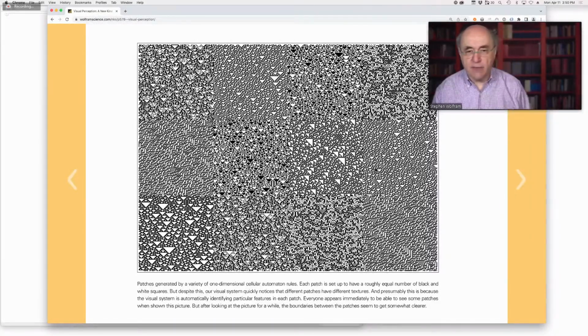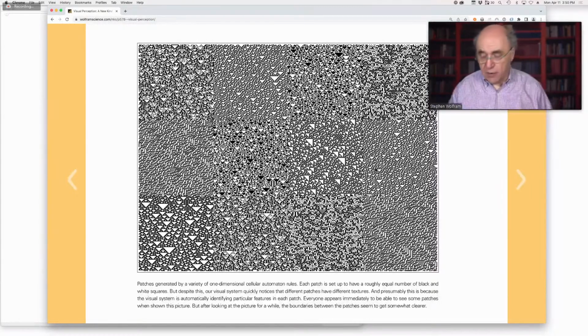Now, there's quite a bit of literature in the world of visual perception. I talk about that in the notes to NKS. I wanted to give a sketch of a simple model of how that kind of perception might occur, as a model that we could use to assess complexity in the patterns produced by things like simple cellular automata.